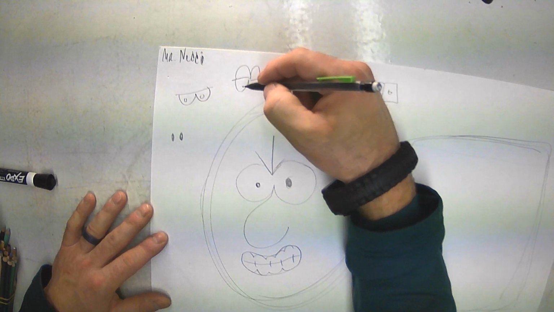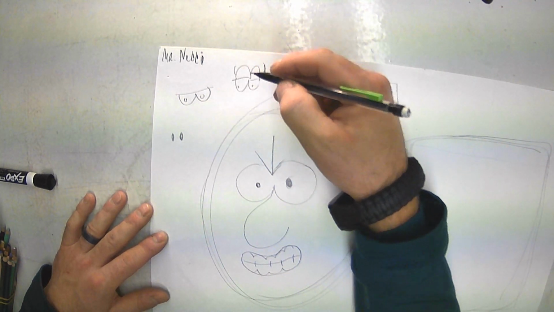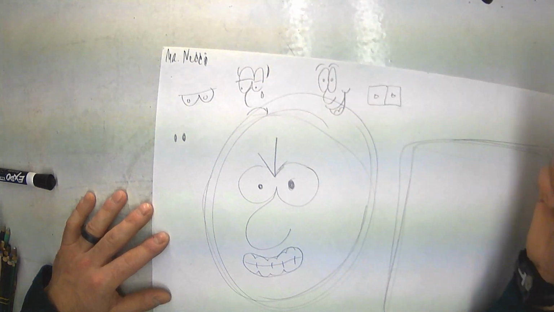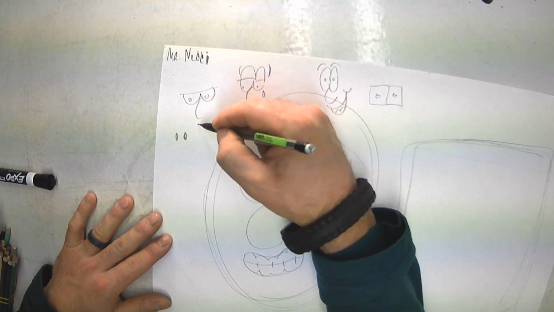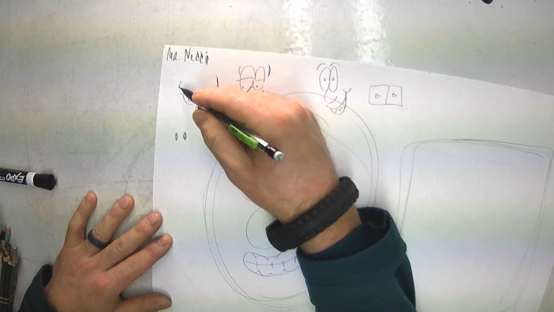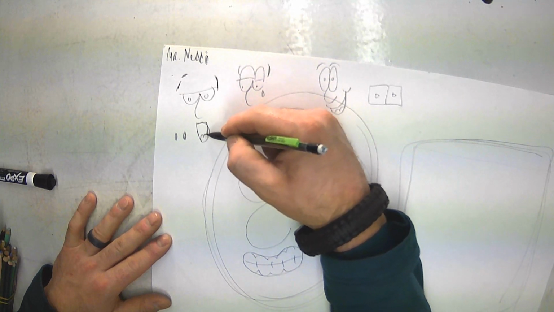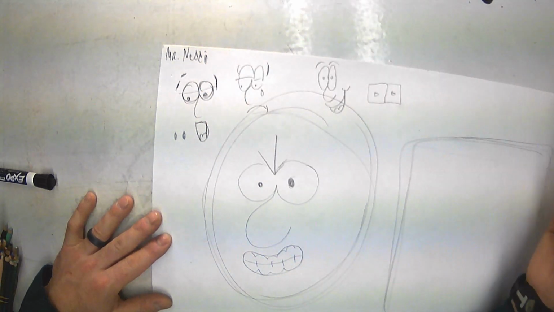If you want them to be sad, you could push the eyebrows out, curve the mouth down, put a little teardrop, very sad. If you want them to be surprised, you could raise the eyebrows and stretch the mouth out. Usually you want bigger eyes though, if they're going to be surprised.